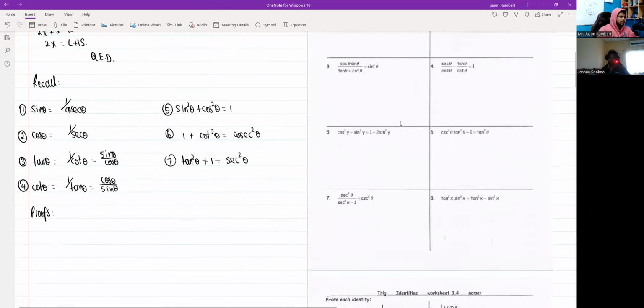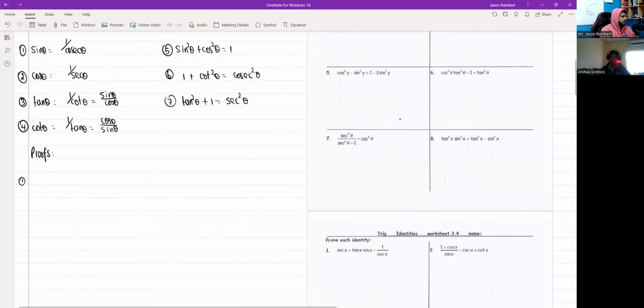Sec x minus tan x sin x is equal to 1 over sec x. Now, when I get a question that says to prove something, write down required to prove, RTP, followed by our proof.